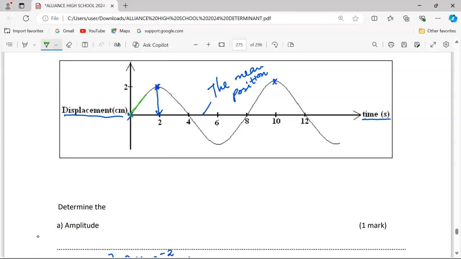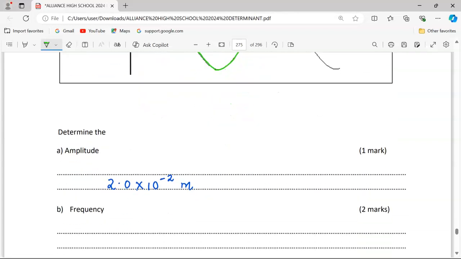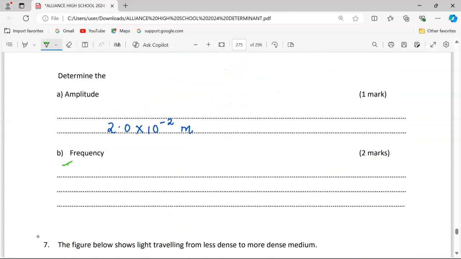From this point, if a particle goes until it is at the same point again and moving in the same direction, then the particle has covered a complete oscillation. So from 0 to 8, there are 8 seconds. We can determine periodic time as long as we have considered two particles which are in phase, then we consider the time interval between them. All right, so we can see 8 seconds is the periodic time. So periodic time T equals 8 seconds.